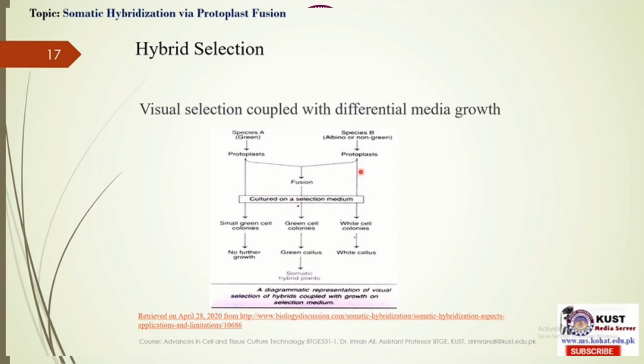In species B, the homokaryons will give white cell colonies and white callus. But we will have a fusion product which will give us green cell colonies and green callus. So the somatic hybrid plants will be able to grow on that differential media.